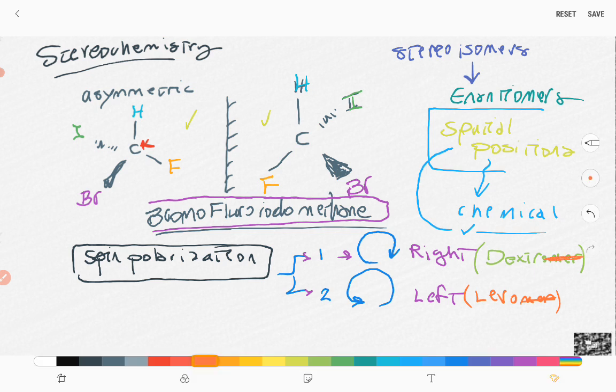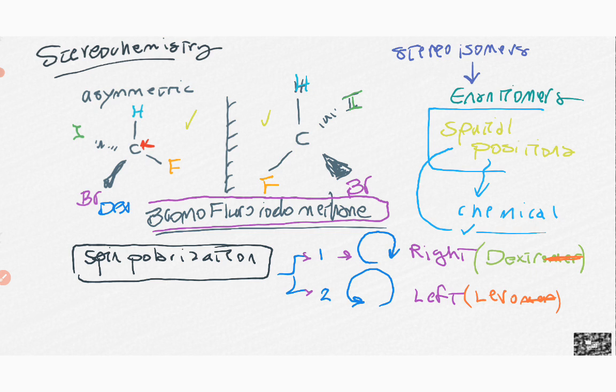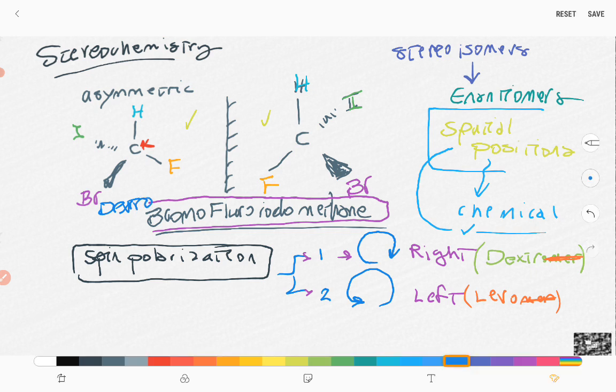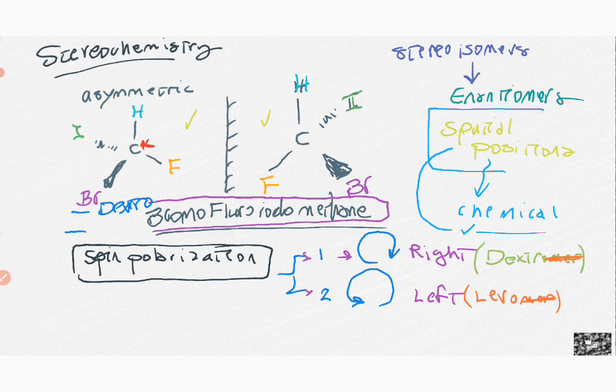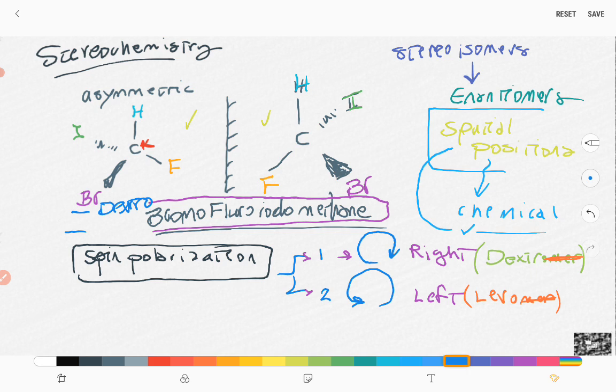Now when you have the dextro enantiomer and the levo enantiomer, you can very simply differentiate their names by these prefixes, like dextro-bromofluoroiodomethane and levo-bromofluoroiodomethane, and by that you make a difference between the names of each enantiomer.